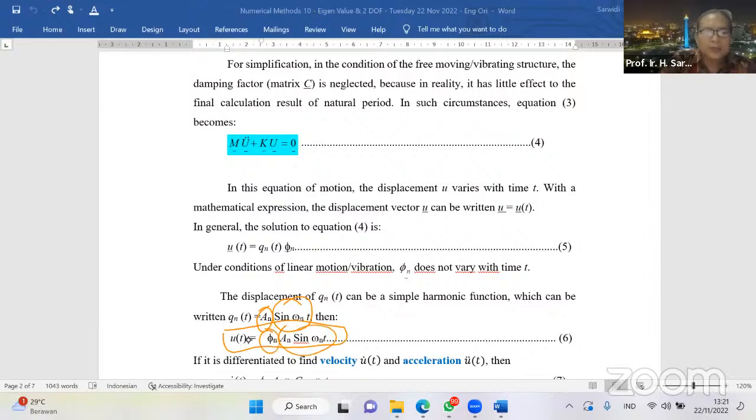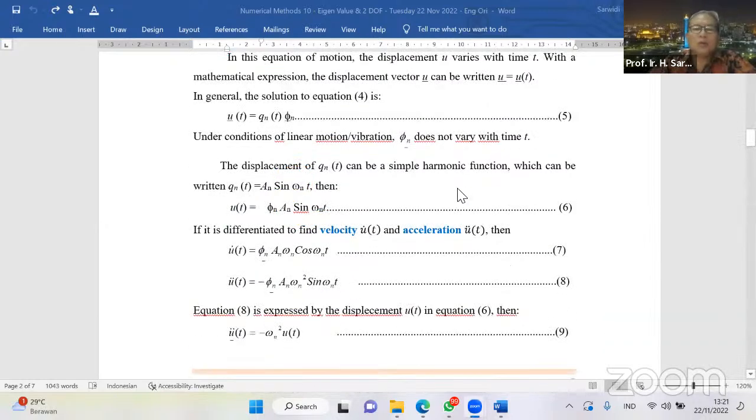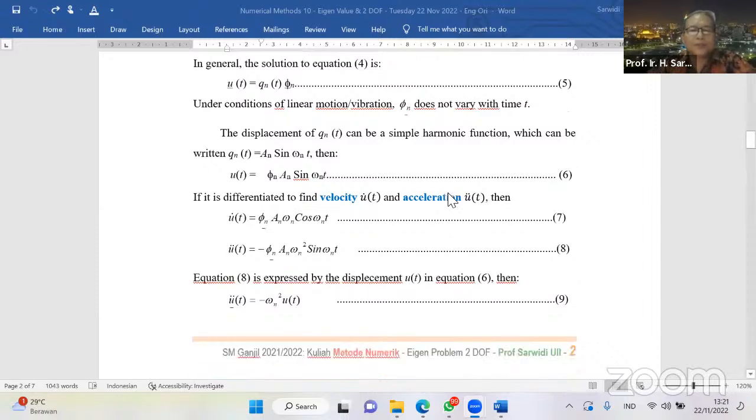Because there is a factor related to the shape or form of the vibration, which is related to the eigenvector.